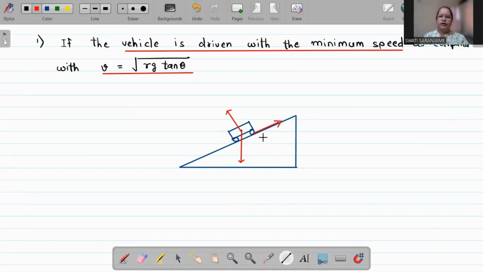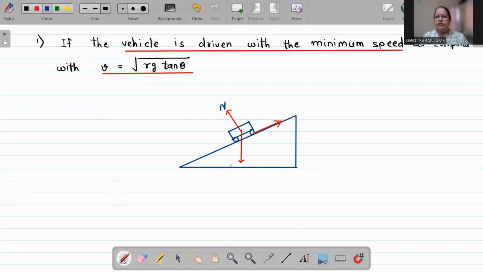This arrow represents the necessary frictional force that gets developed between the road surface and the surface of the tires, if the vehicle is driven with a speed lower than v equal to under root r g tan theta. Now let us label these, so you have a complete understanding.